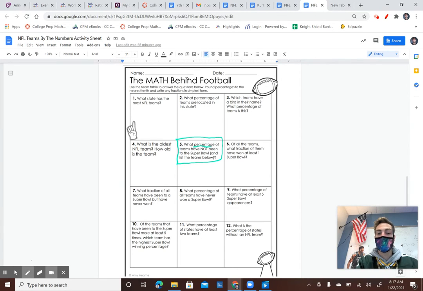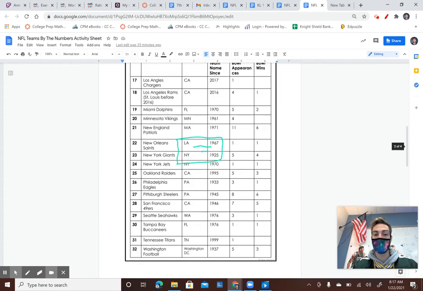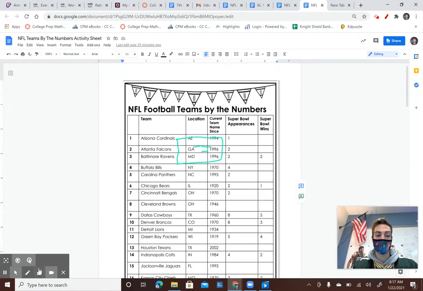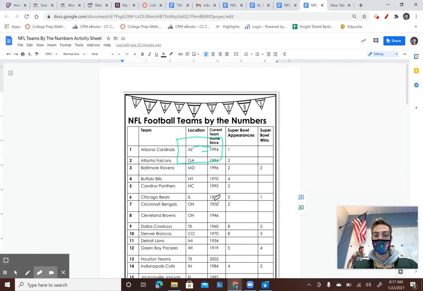It says what percentage of teams have not been to the Super Bowl? So which ones have not even made an appearance? So what I'm going to do is scroll up and look at my data to see if I can figure that question out. So here I got to think, okay, how can I figure out which ones have not been to the Super Bowl?